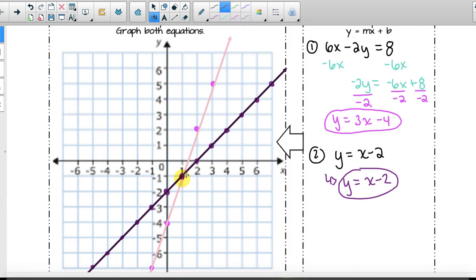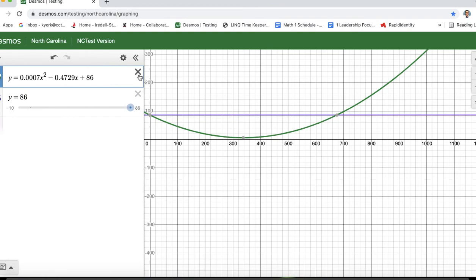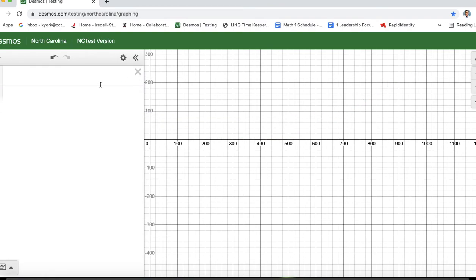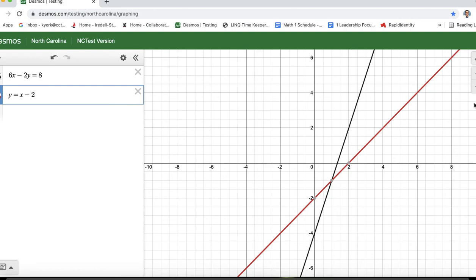Now we can also do this using Desmos. So if I'm going to use Desmos, I'm going to type in the original equation, 6x minus 2y equals 8, and then I'll have y equals x minus 2. Do my little home screen.